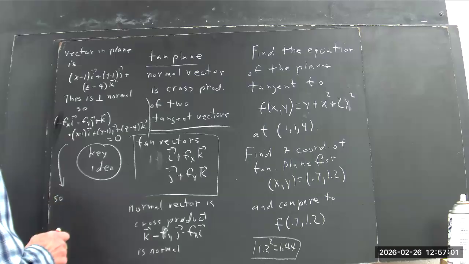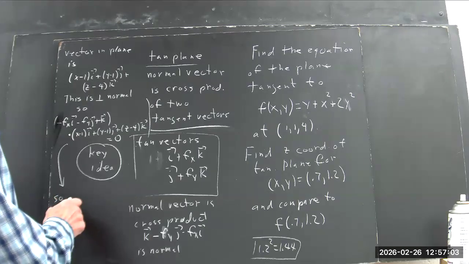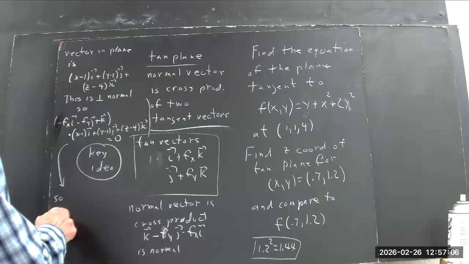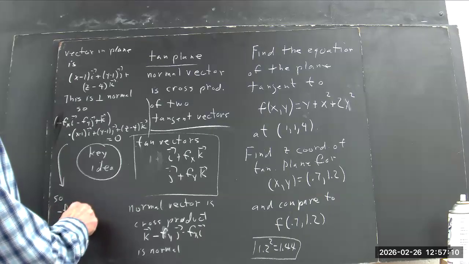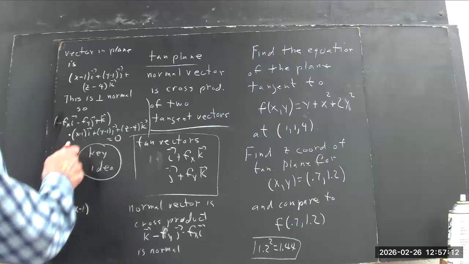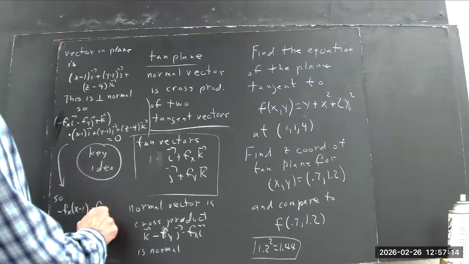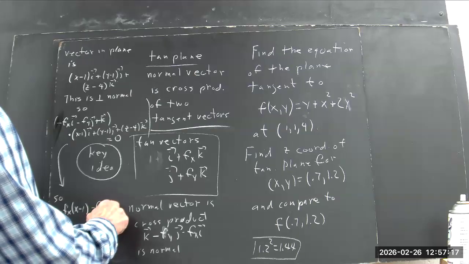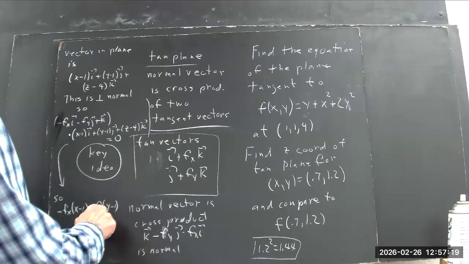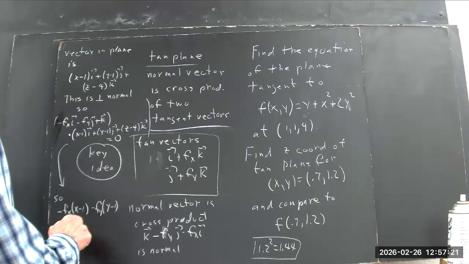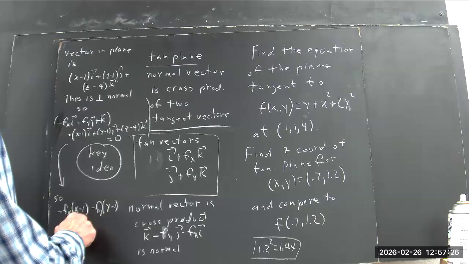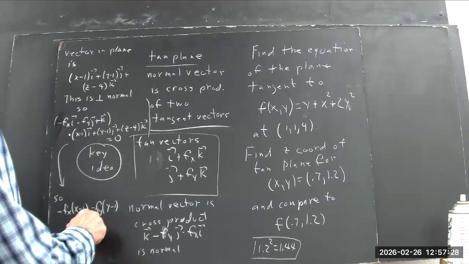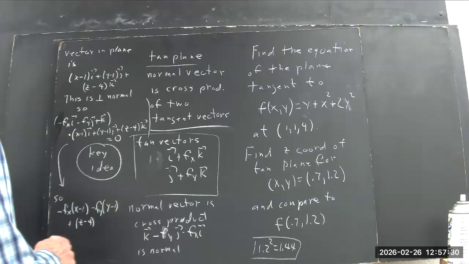So negative fx times (x minus 1) minus fy times (y minus 1) plus (z minus 4) equals 0.